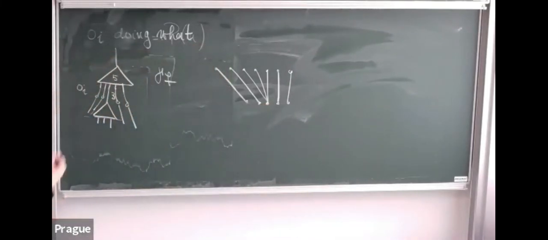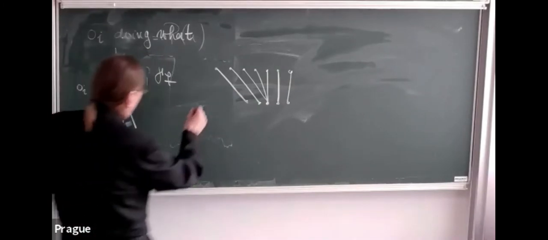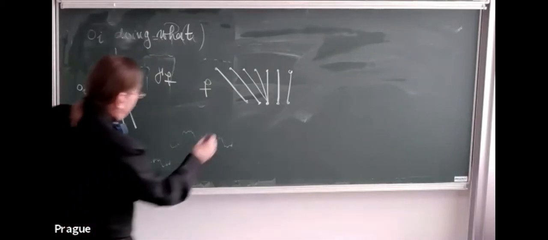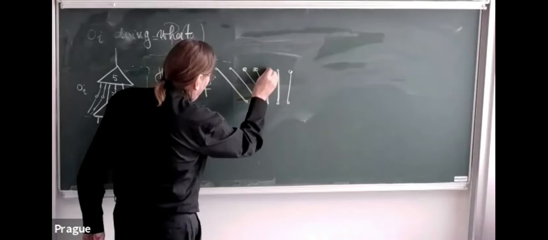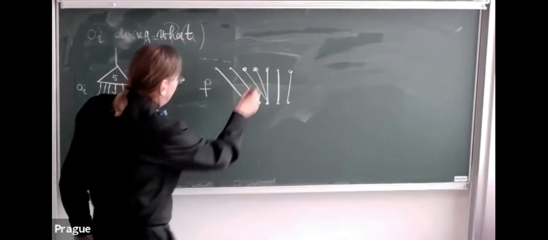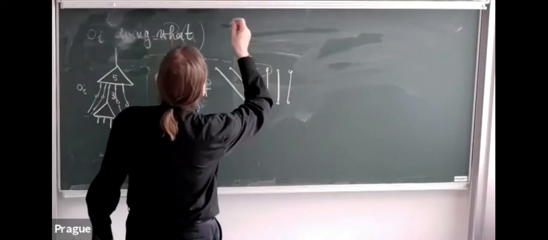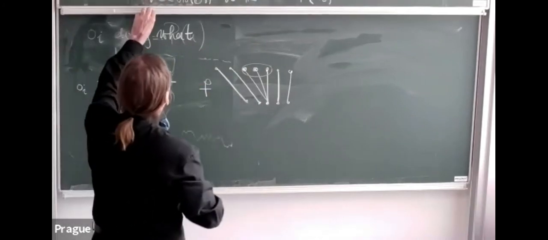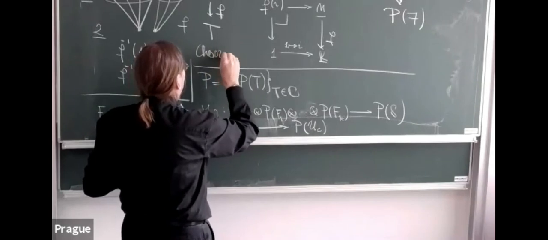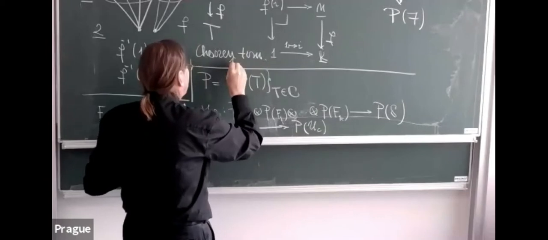So what singles out this type of maps? That all fibers except precisely one are trivial. Namely, they are the chosen terminal objects, which in case of delta, I didn't say what chosen terminals are, it's precisely one.